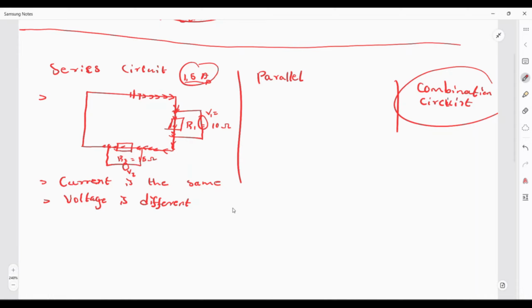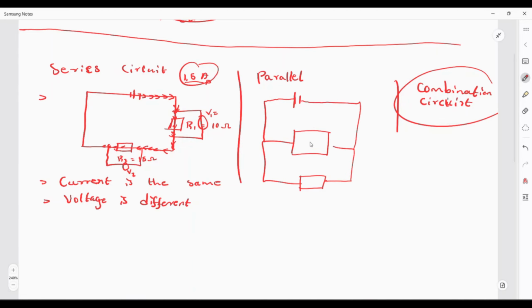Okay, so but when we come to a parallel circuit, our parallel circuit might be something like that over there, and that is your diagram over there. So in this case, let's say your R1 is also 10 ohms, and then let's say your R2 is about 20 ohms over there.